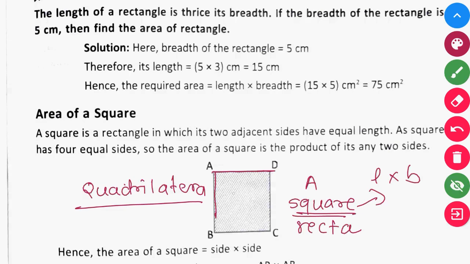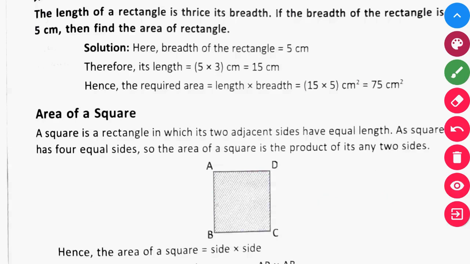We apply the same formula to a square also, because it is also one of the quadrilaterals. But here the difference is length and breadth are of equal size. So for the area of a square the formula is side square, means side multiplied by side. Whatever this length is, just multiply it with the same number. You get the area of the square.